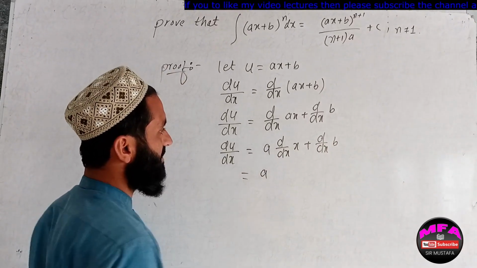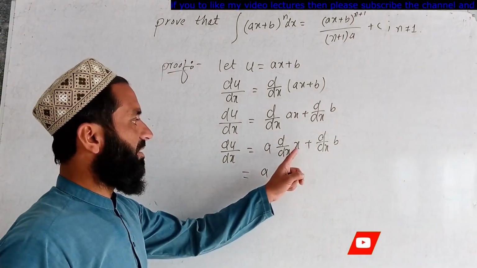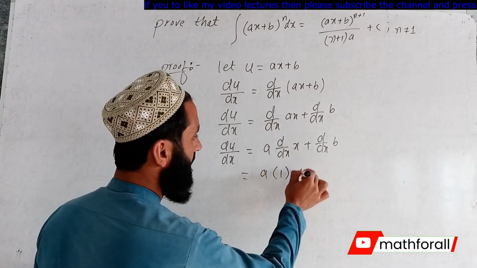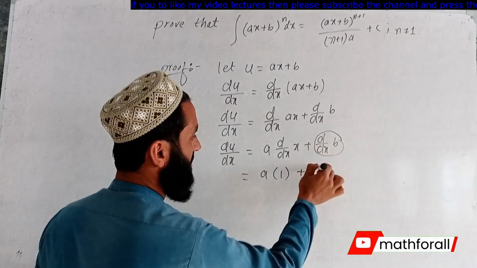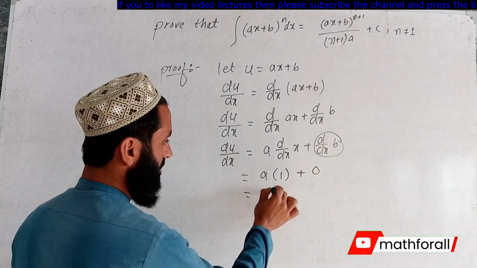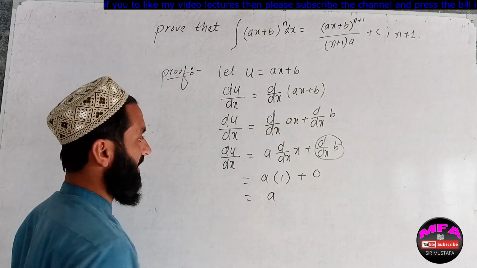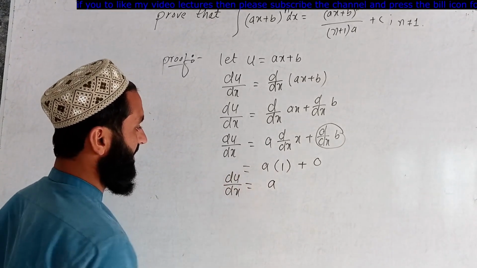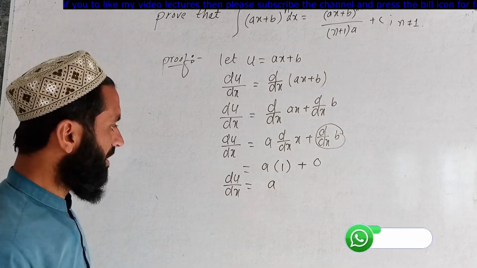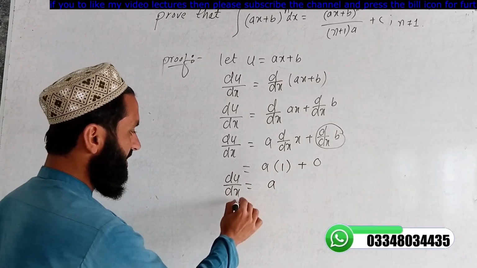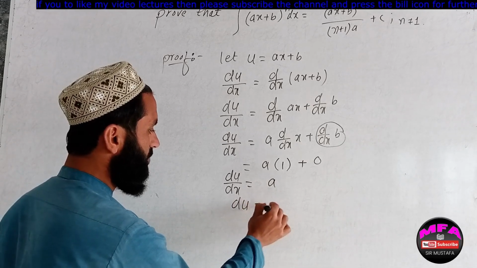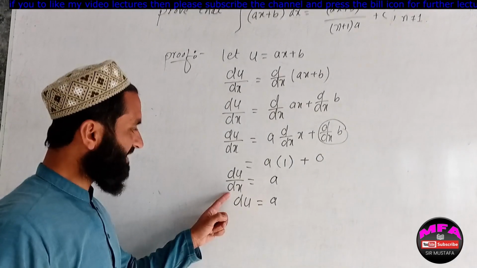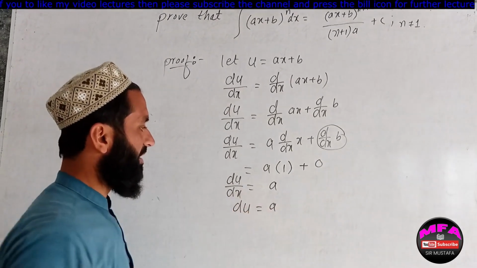So a times the derivative of x with respect to x, which is equal to 1, plus the derivative of a constant, which is equal to 0. So a multiplied by 1 gives a, so du/dx equals a. We can also write this in the form du equal to a times dx, shifting dx to the right hand side.